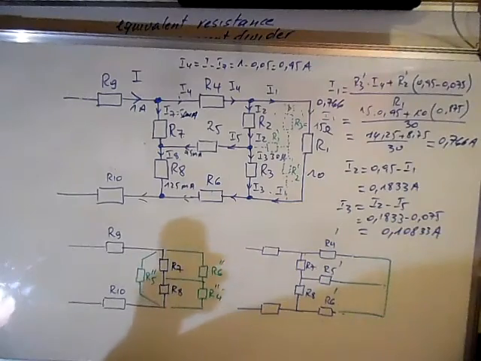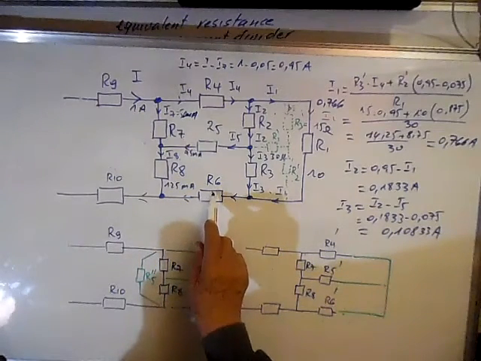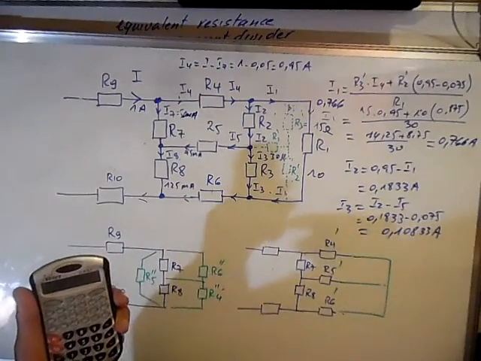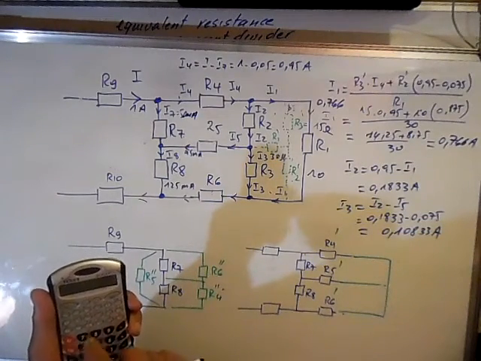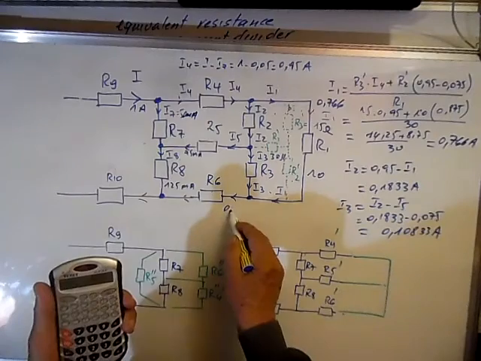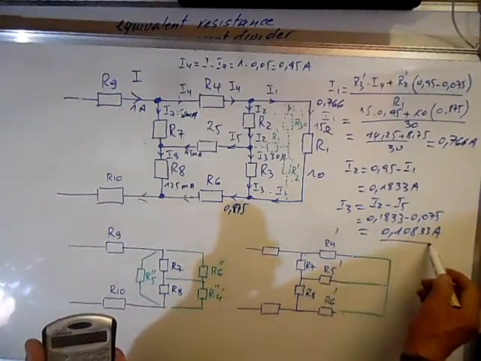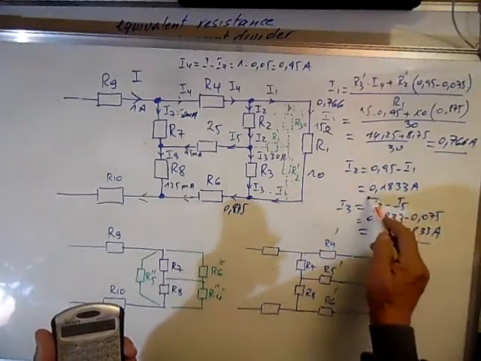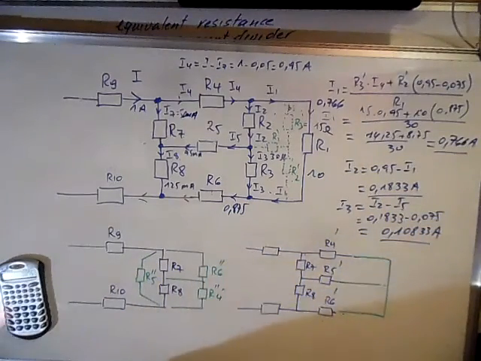So we calculate all the currents: I7, I5, I8, R6, which is this one, minus 0.75, so it means 0.875 here. I3 is this current, I1 is this, I2 is this. We calculated all the currents, and thank you very much.